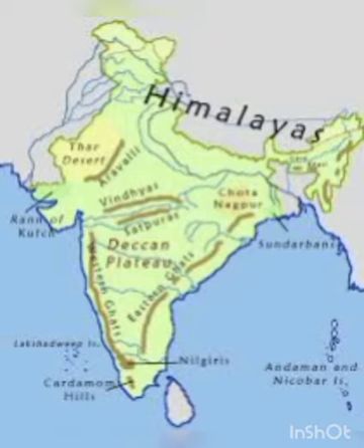These are the Vindhya and Satpura ranges in the north, the Western Ghats in the west and the Eastern Ghats in the east. So this Deccan Plateau is surrounded in the north by the Vindhya and Satpura ranges, in the west by the Western Ghats, and in the east by the Eastern Ghats. Clear?